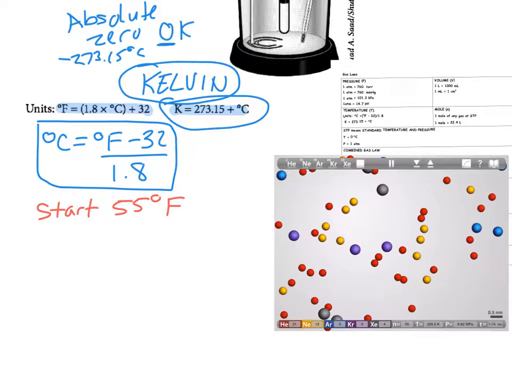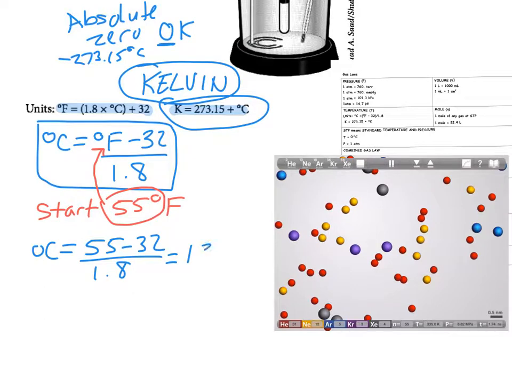What we want to find is the degrees Celsius and the Kelvin from this value. We would plug that 55 into this formula. So degrees Celsius is equal to 55 minus 32 divided by 1.8, and this calculates out to be 13 degrees Celsius.